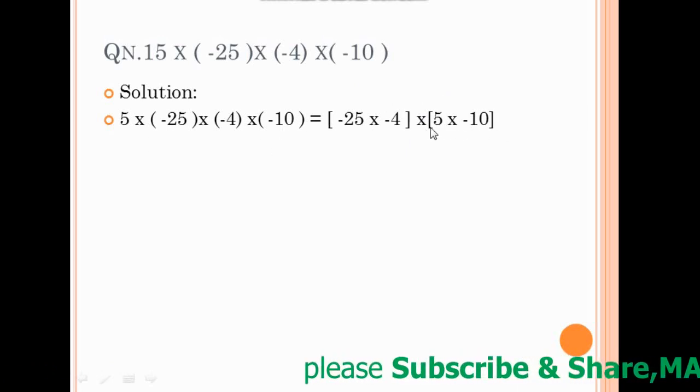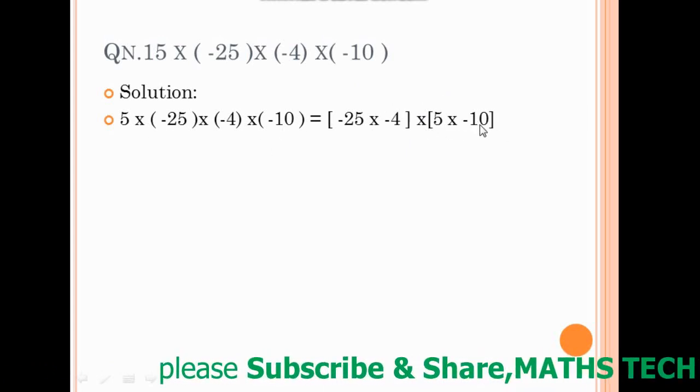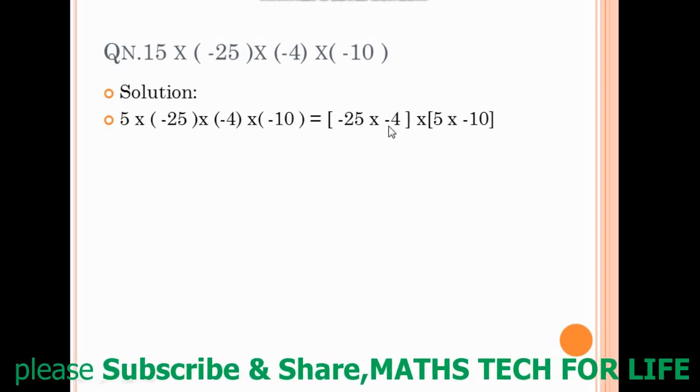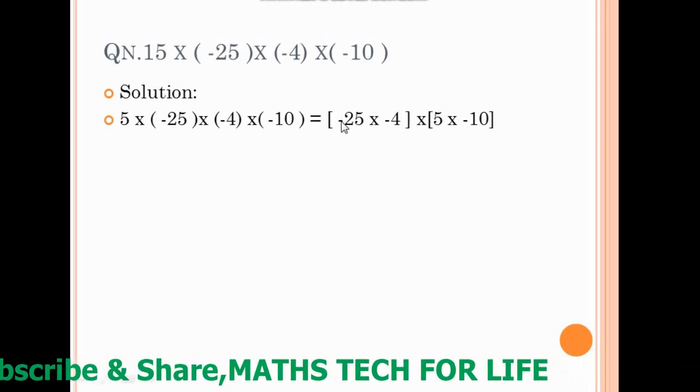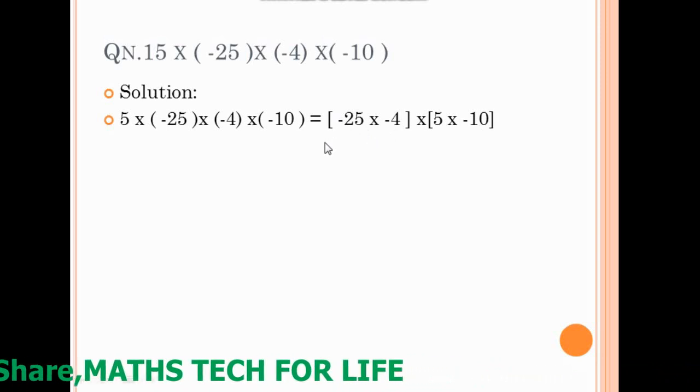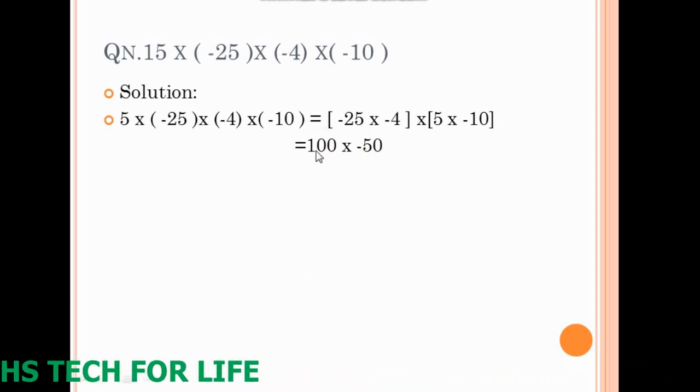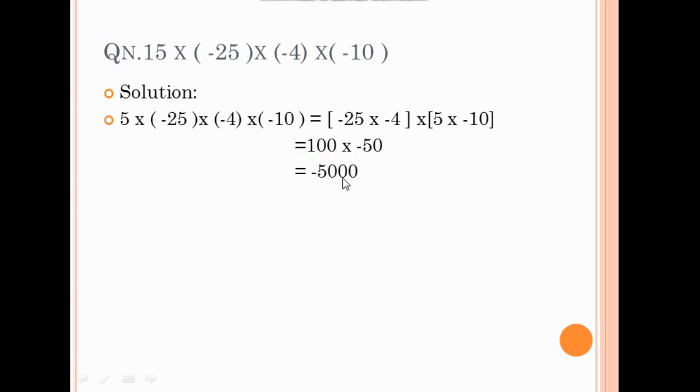I told you multiplication of a number by 10 is very easy. We know 25 multiplied by 4 is 100, and both are negative numbers, so you will get a positive number 100, then multiplied by negative 150, so the final answer will be negative 15000.